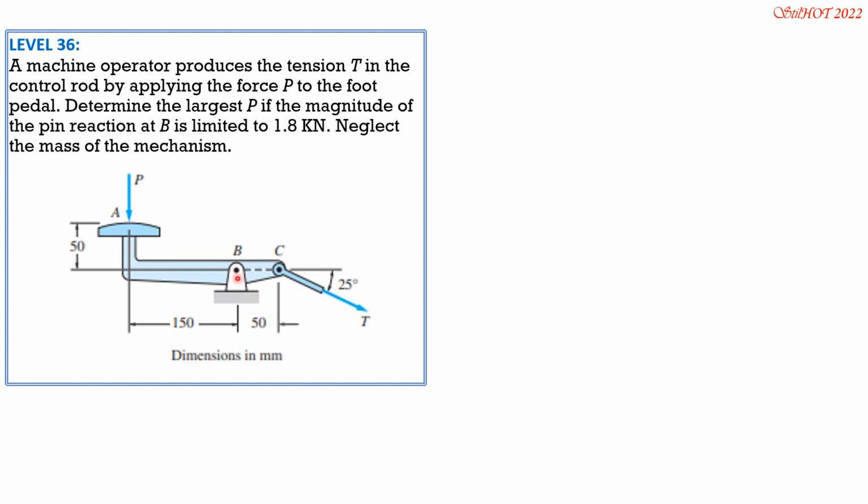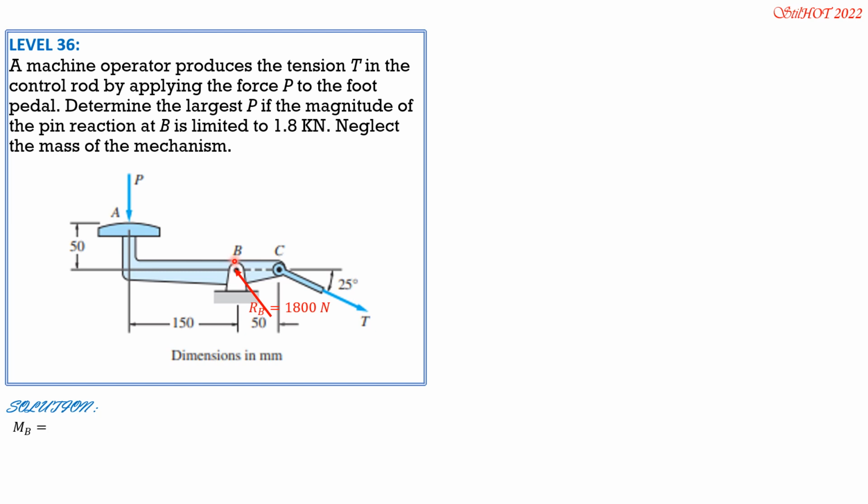So first, let's put the reactions at B, namely horizontal to the left and vertical upward. The magnitude of the pin reaction at B is limited to 1.8 kilonewtons, so it is 1,800 newtons.